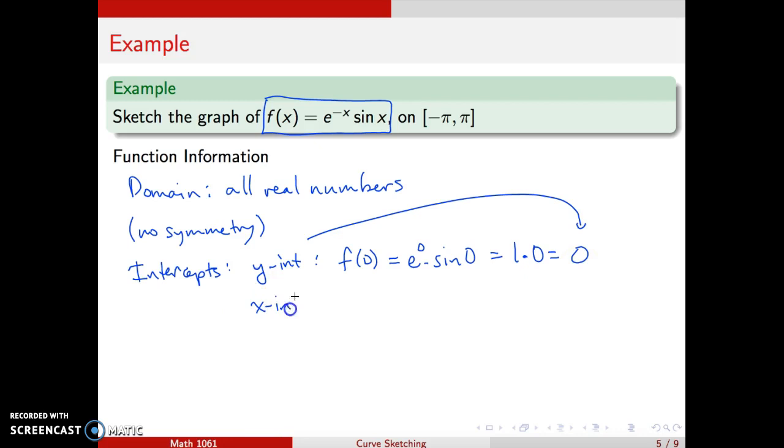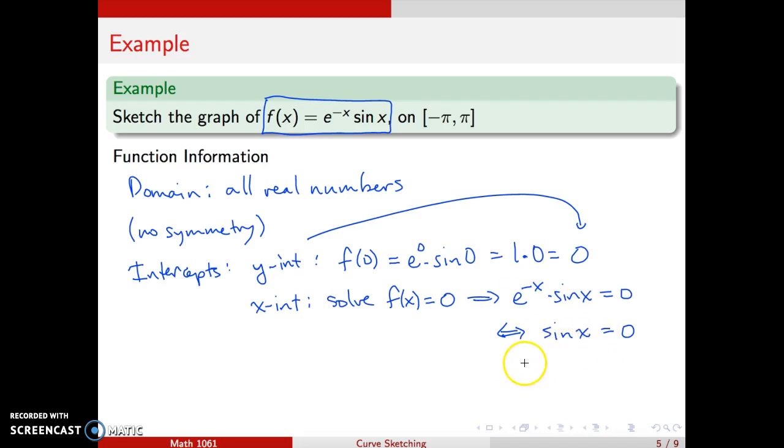For our x-intercept, remember we want to figure out where f of x equals 0, so we want to solve this equation, which would be e to the negative x times sine of x is 0. Now, e to the negative x is always positive, never negative and never 0, so this is going to have the same zeros as just sine of x.